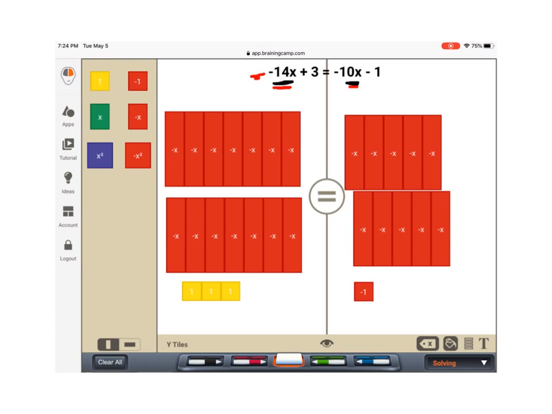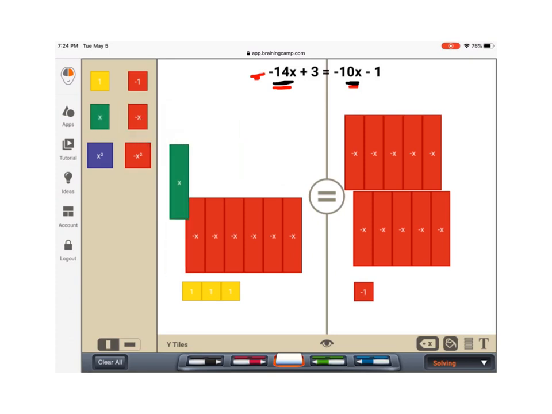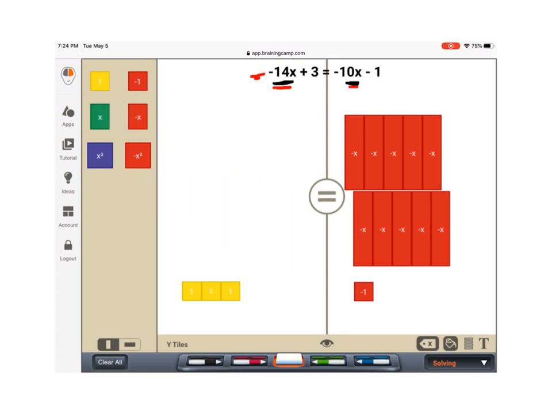Now to get rid of them, I'm going to do the inverse, so I'm going to add 14x. So I'm going to add 1, 2, 3, 4, 5, 6, 7, 8, 9, 10, 11, 12, 13, 14 to this side.